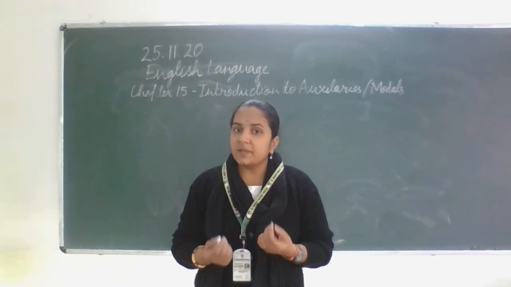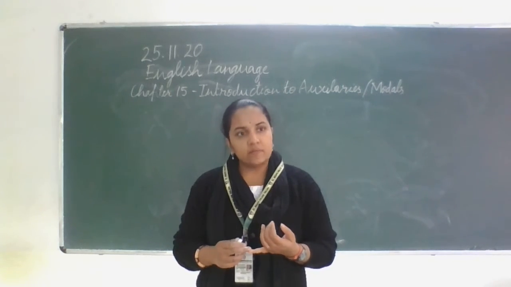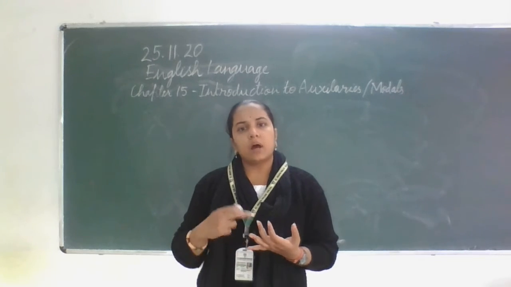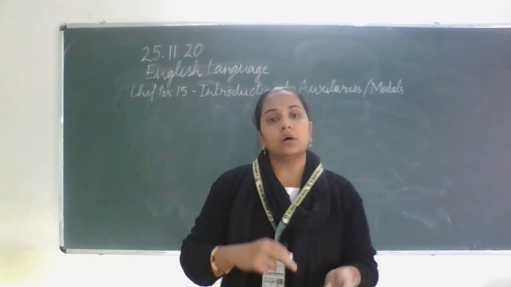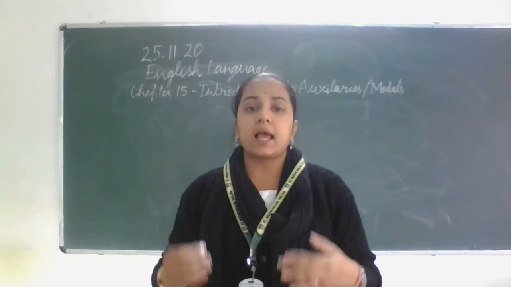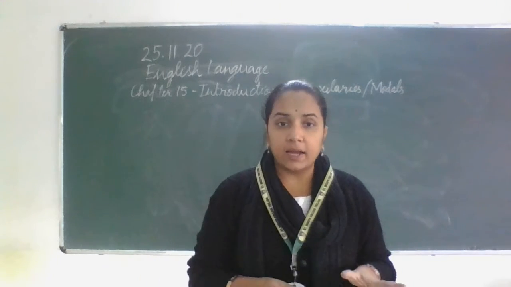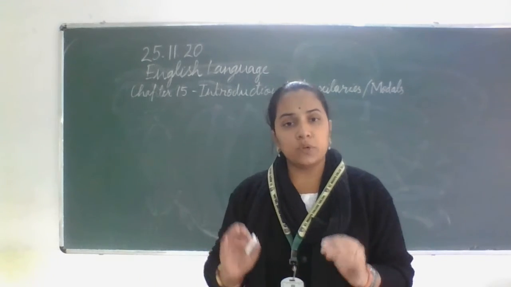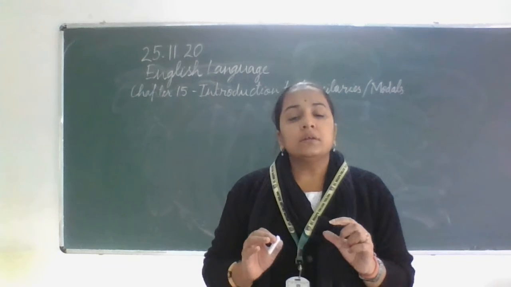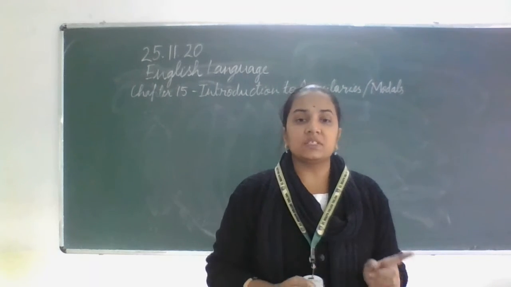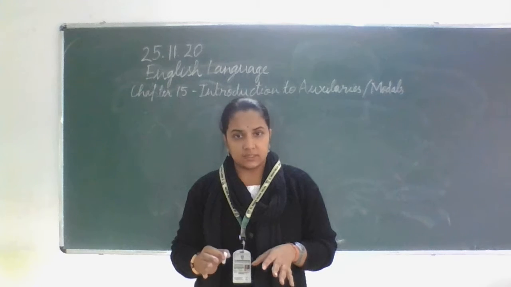Now, what are the helping verbs or the auxiliary verbs? Is, am, are, was, were, will, shall, has, have, had. All these we have discussed while we were discussing the tenses.